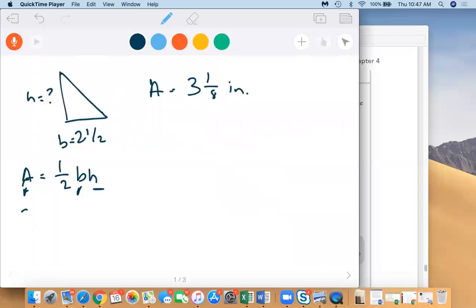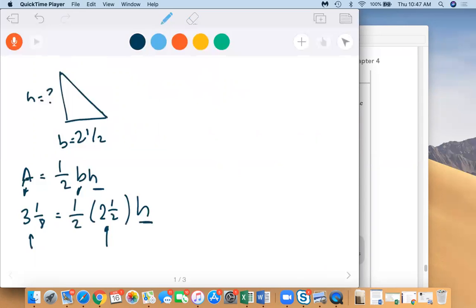So we're given 3 1/8 equals 1/2 times the base, which is 2 1/2, times the height, and we need to solve for that. So the first thing we need to do is convert these two numbers to improper fractions. So again, we're going to do our little circle here, our little arrow, multiply now.